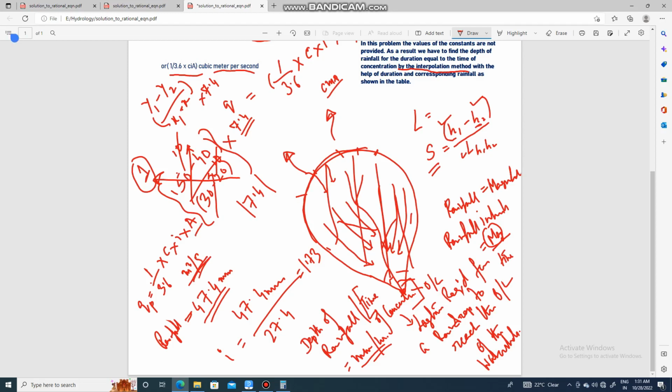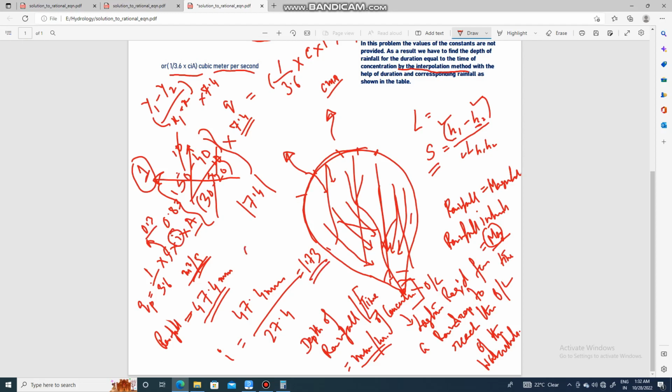So here A is given, 0.83, C is given, 0.3, and I is not given, but we have calculated 1.73.